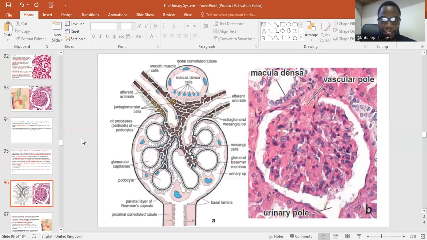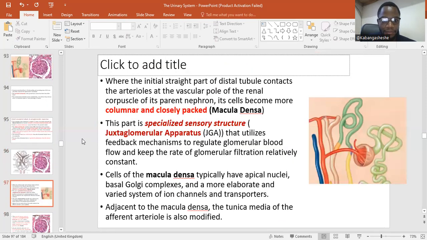Okay. So what is the importance of this dense body? Number one is that the cells found there are columnar cells. We established that the distal and proximal convoluted tubules are lined by simple cuboid epithelium. But here, the part called the macula densa has columnar cells, and they form a structure known as the juxtaglomerular apparatus.